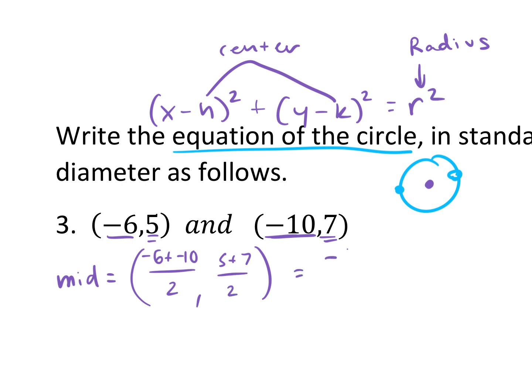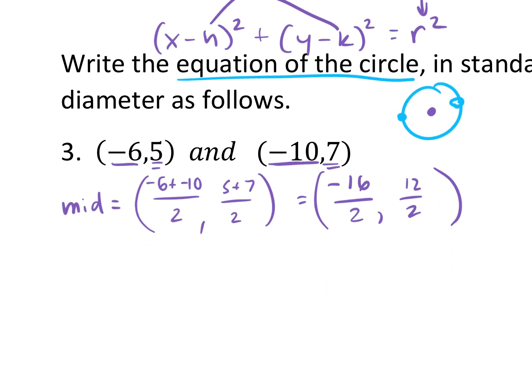So this would be negative 16 over 2 and 12 over 2. So our midpoint would be negative 8, 6. So this is our h and k.